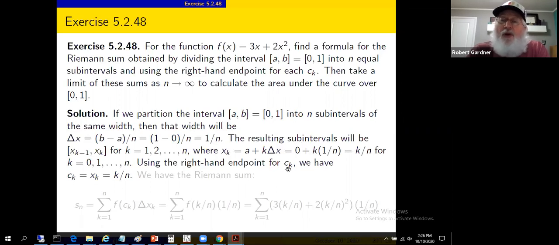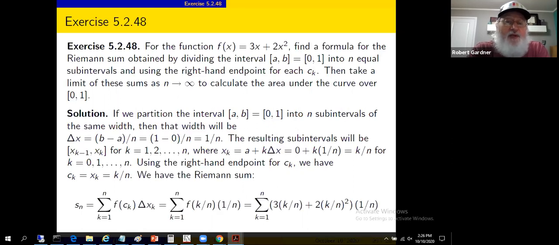Use the right-hand endpoint. Okay, the right-hand endpoint of the k-th subinterval is x sub k, just like last time. So c sub k equals k over n again. So like last time, in the previous example, the Riemann sum is as given here: the sum from 1 to n of f of c sub k times delta x sub k. All the delta x sub k's are 1 over n.